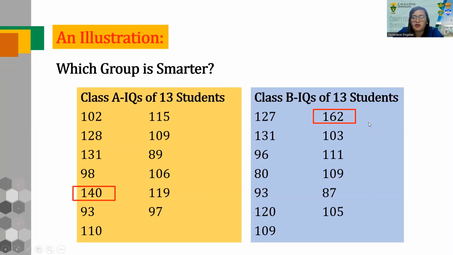However, ang lowest nga IQ sa class B is 80, while the lowest IQ sa class A is 89, no?